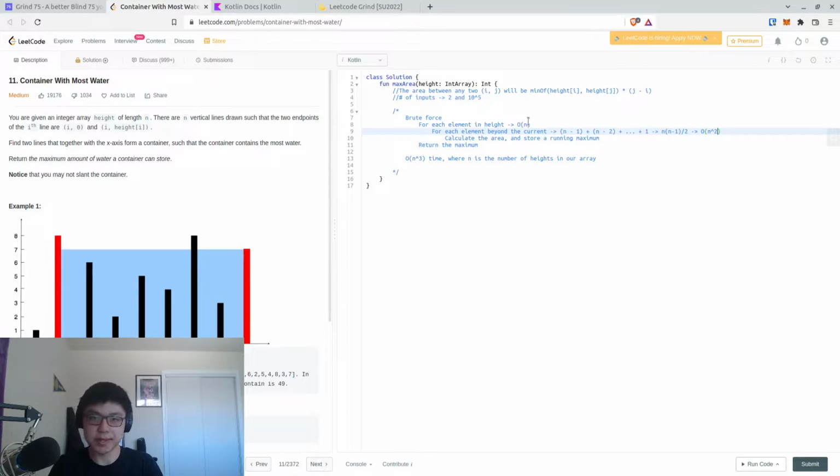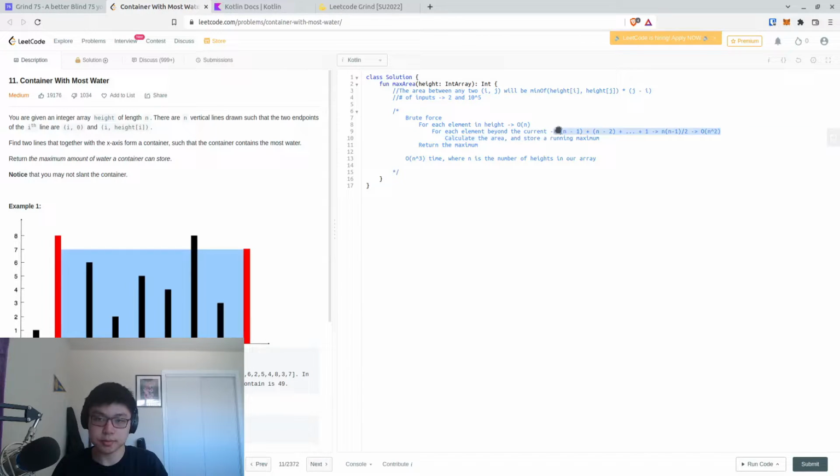And since this is happening on, well, no, not quite actually. Because yes, this ultimately does run in O of n squared time. We aren't running this O of n squared algorithm each time.